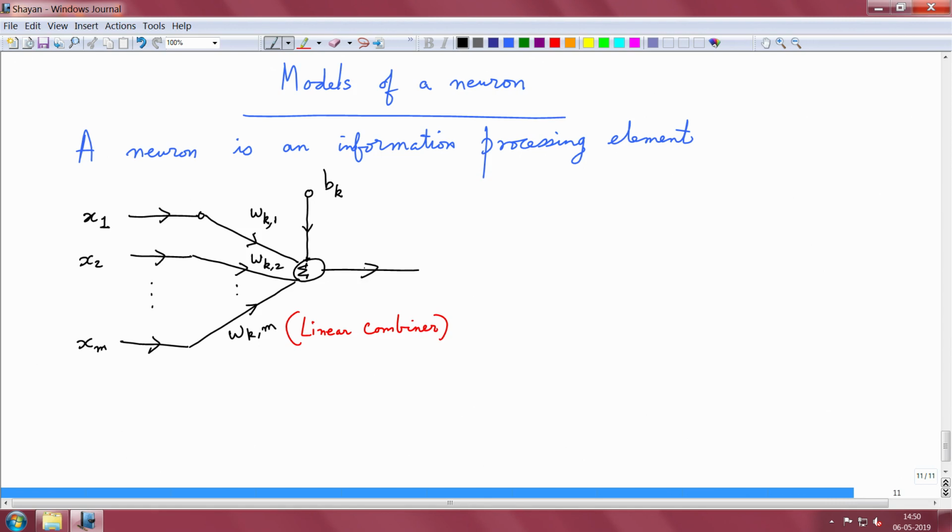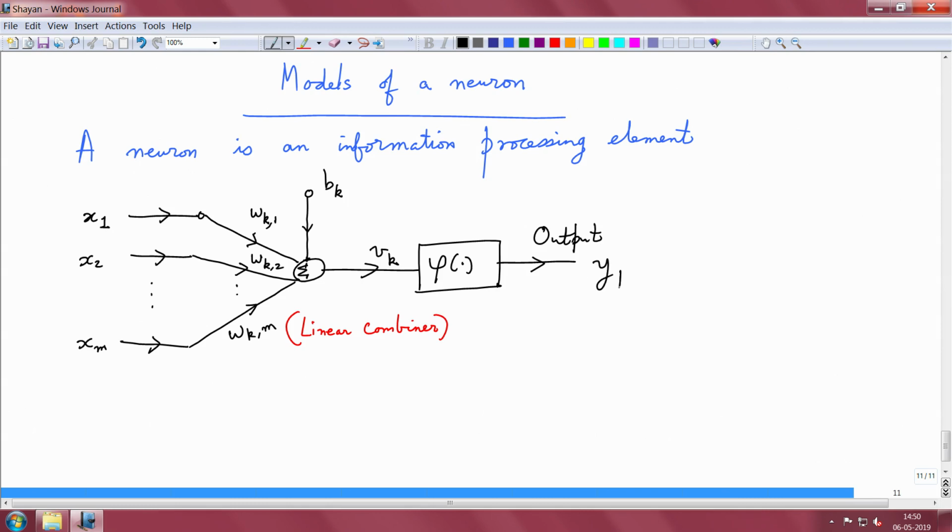This gives us a signal which is vk, and this goes through an activation function. I will talk about this in a short while, what this activation function is, and then I have an output.